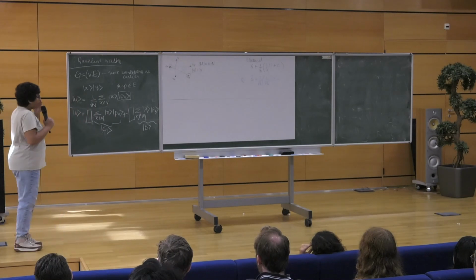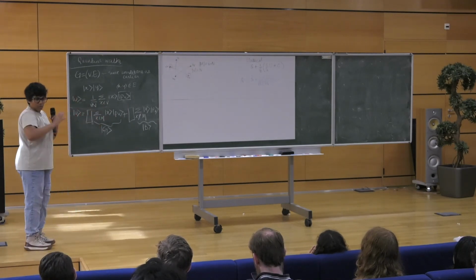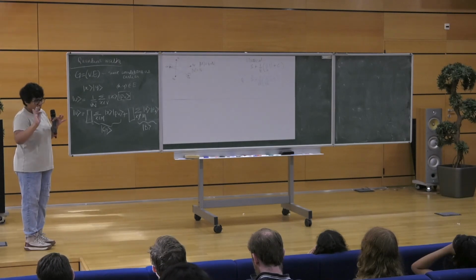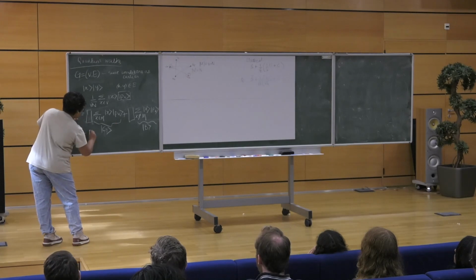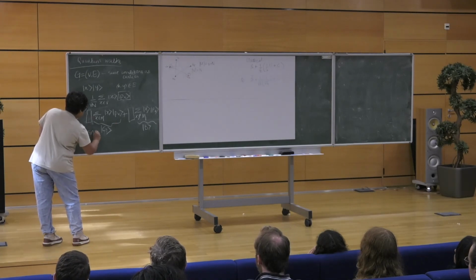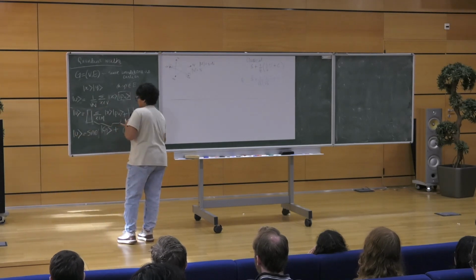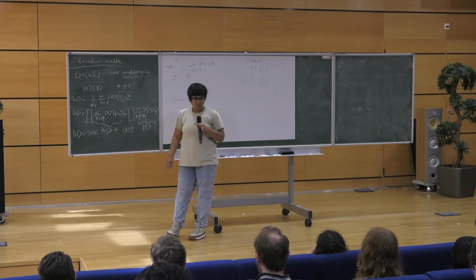And because all this is a quantum state, they all have amplitudes squared summing to 1. What you can write this u as is some sine theta g plus some cos theta b, such that sine square theta plus cos square theta gives you 1.